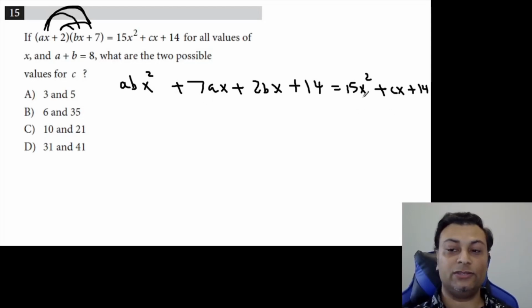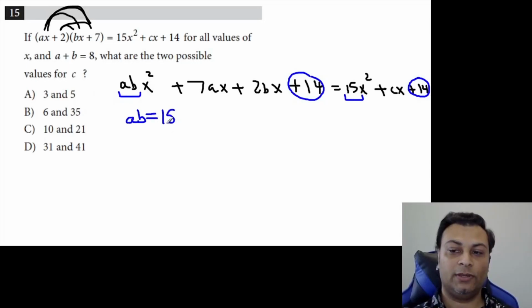Okay, and if these are equal for every value of x, that means everything has to match up appropriately. You see the plus 14 there? It matches up with that plus 14, so everything's good so far. There's an AB here, which is the coefficient of x squared, and that's 15. So AB equals 15. Furthermore, this middle part here, you can rewrite it as 7a plus 2b times x if you add the coefficients.